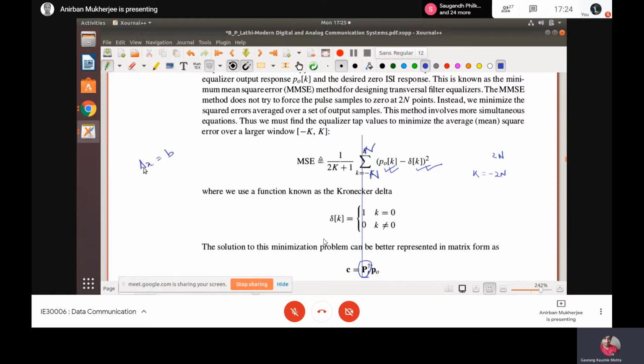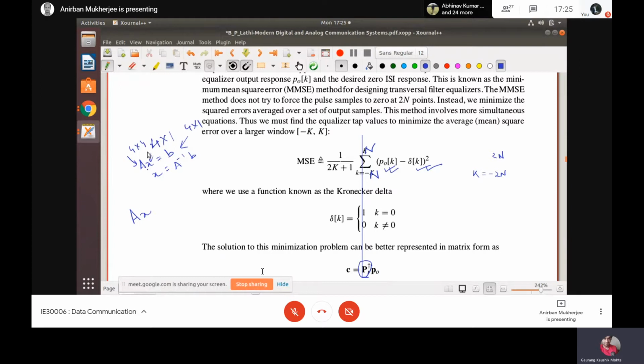A is a square matrix, say 4 cross 4, x is 4 cross 1, and b is 4 cross 1. So you are calculating 4 unknowns from 4 equations.